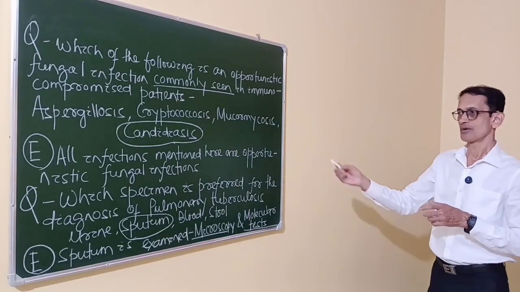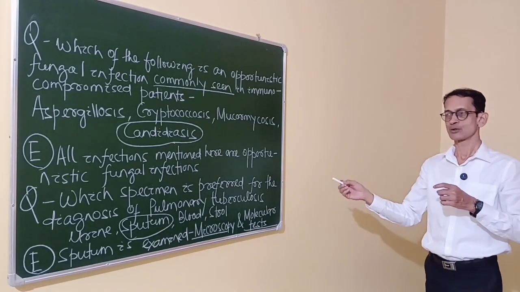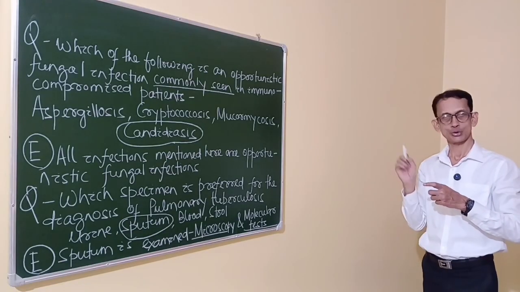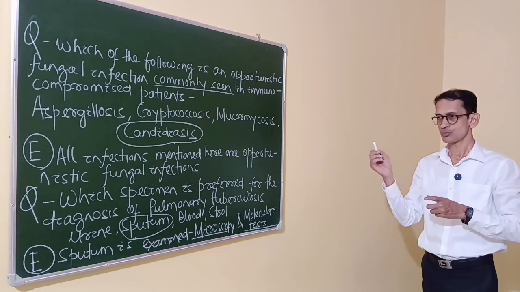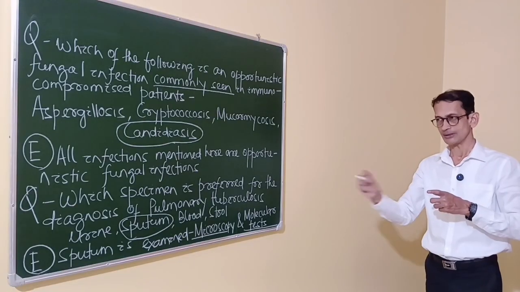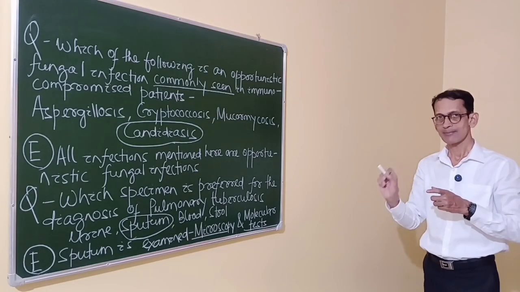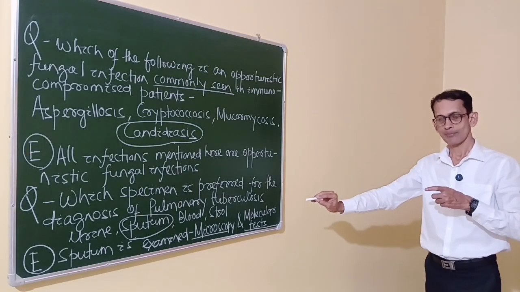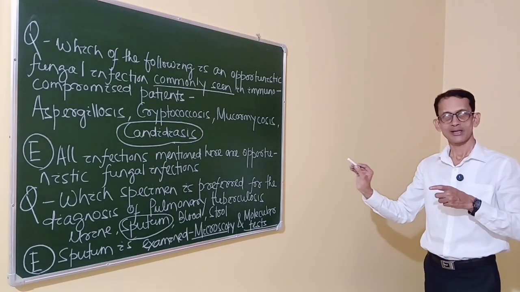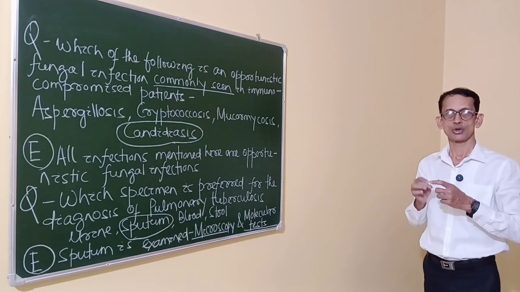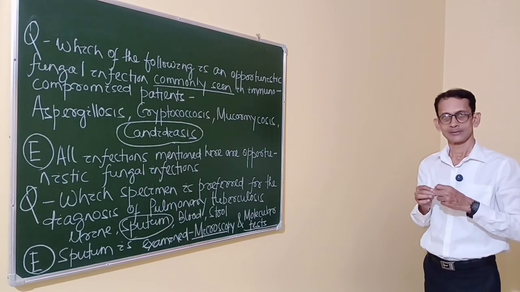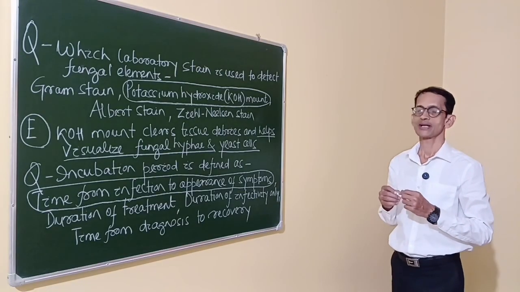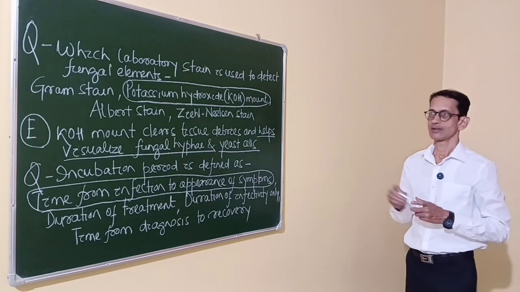Next question, which specimen is preferred for the diagnosis of pulmonary tuberculosis? Urine, sputum, blood, and stool. So naturally the answer is sputum. But look at the explanation here. Sputum is examined here, guys, underline this, by microscopy and molecular tests to confirm tuberculosis. Guys, the next question, which laboratory stain is used to detect fungal elements?